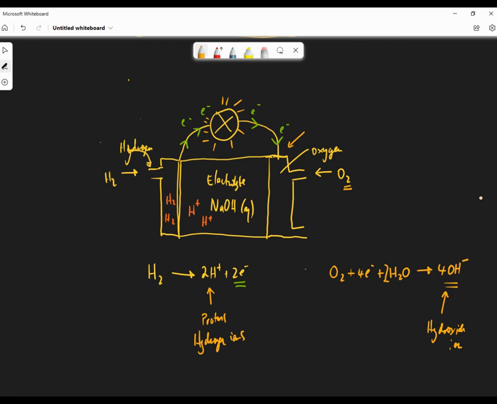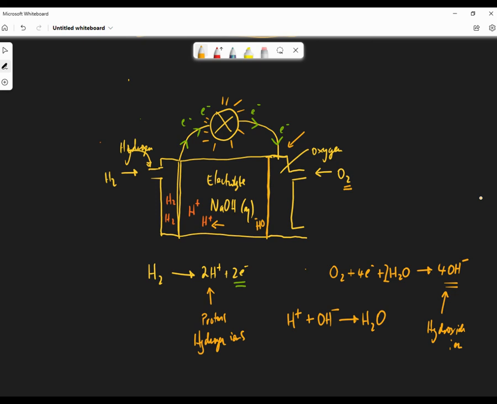Now, at this surface here, the hydroxide ions form. There's one forming there, and the hydroxide ions themselves are going to react with the hydrogen ions. So hydroxide ions from the right-hand side are going to meet the hydrogen ions from the left-hand side, and they're going to form water.